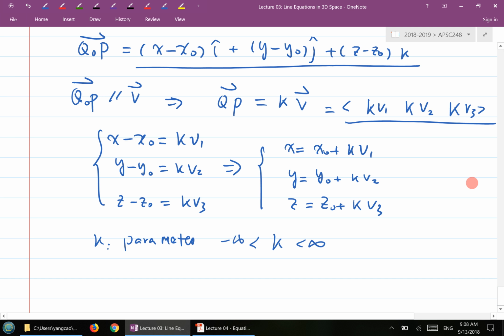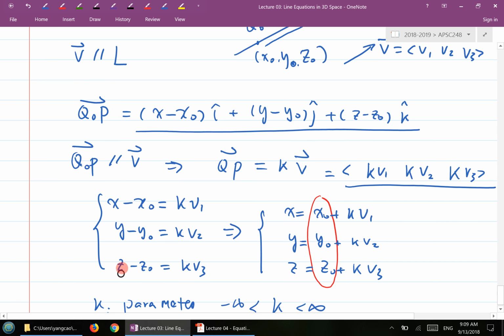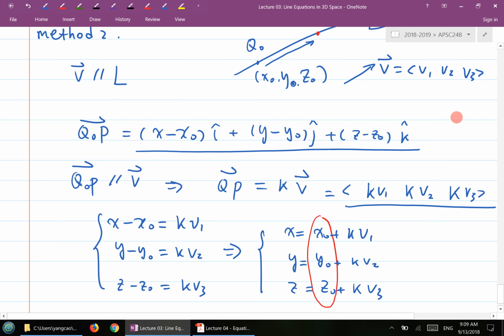Now coming back to this parametric equation, I want you to make the same observation. This portion, X0, Y0, Z0, where is that from? That's the coordinates of Q0, which is the point on the line.